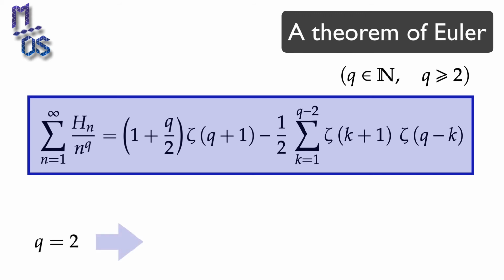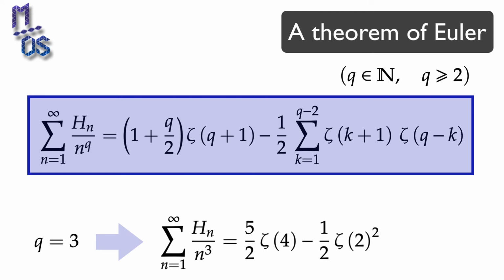Taking q equals 2, this identity becomes the series from n equals 1 to infinity of h_n over n squared equals 2 times zeta of 3. And taking q equals 3, it becomes now the series from n equals 1 to infinity of h sub n over n cubed equals 5/2 times zeta of 4 minus 1/2 times zeta of 2 squared.